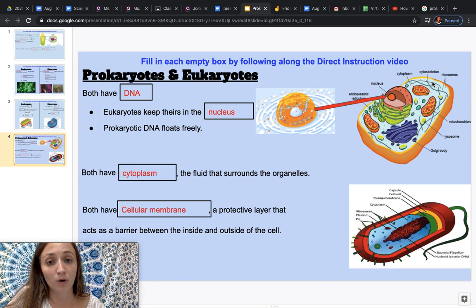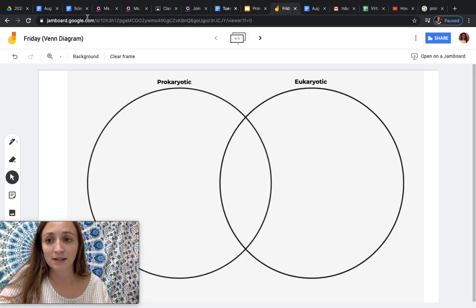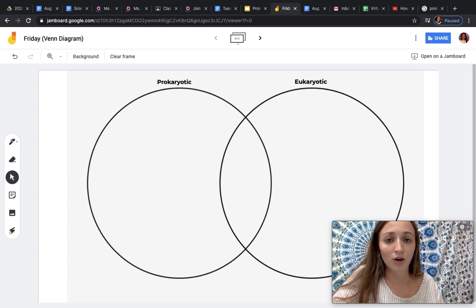So, what we're going to do today, I wrote on your assignment that you need to go find the Jamboard. It says Friday Venn diagram. You should be able to pull this up. We are going to go through this together. If you haven't used a Jamboard, I'm going to show you how to do it. It's pretty easy.